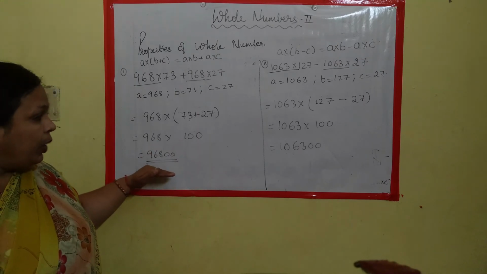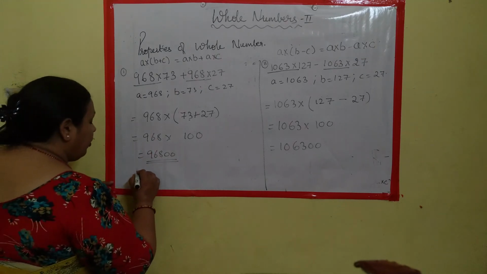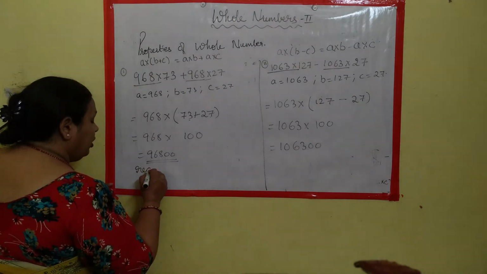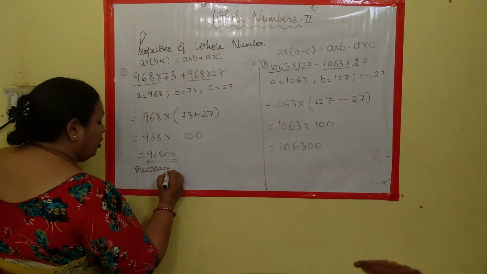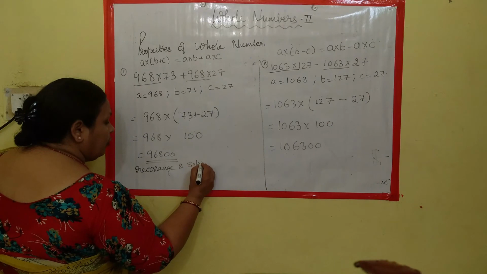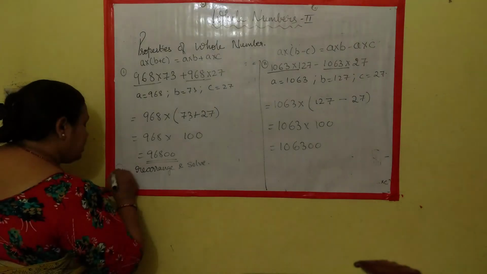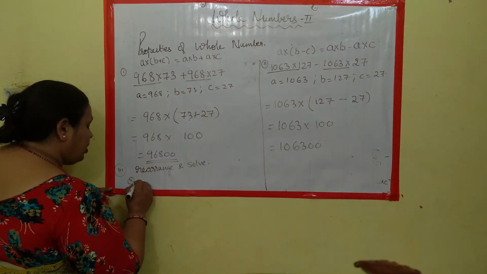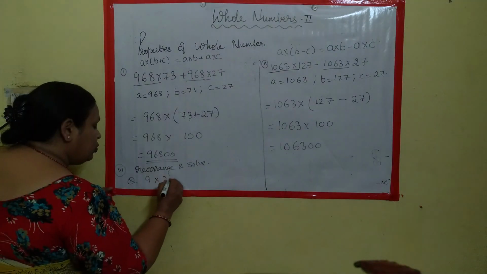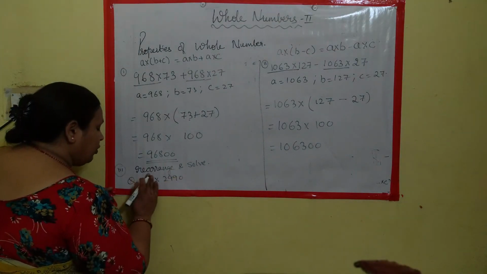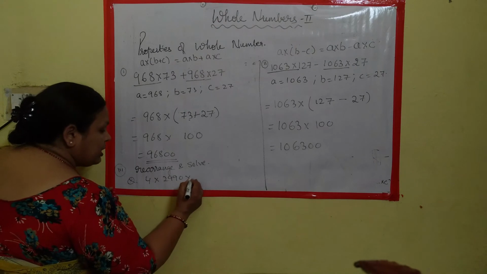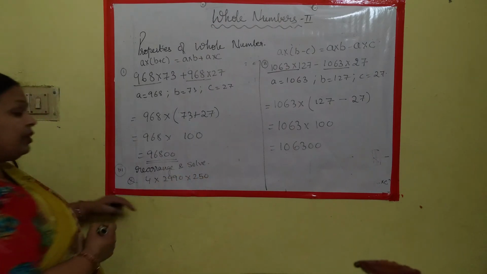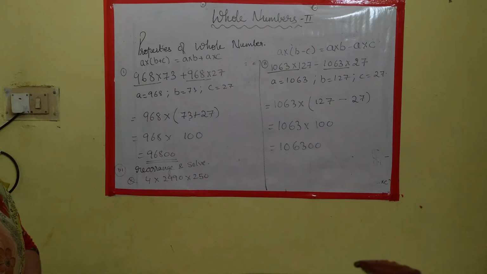So, one more problem where we will rearrange and solve. For this, the third example is given as 4 into 2990 into 250. If such types of problems are given, which law are you going to use?